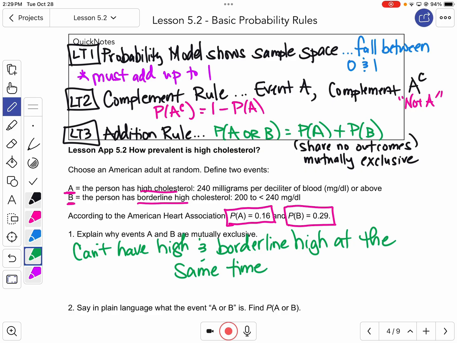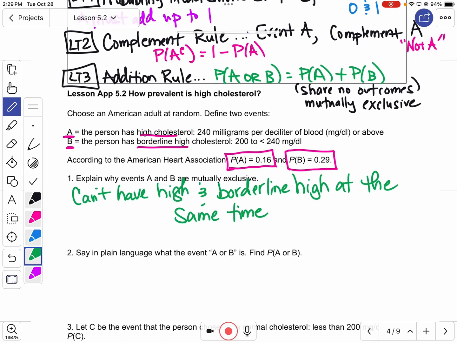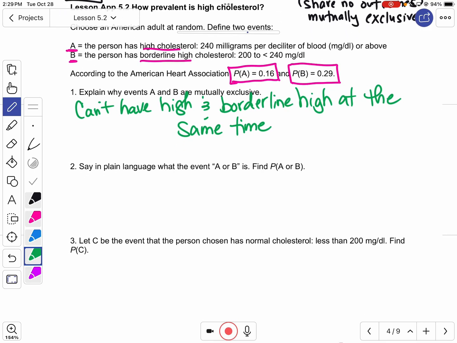Right. All right, so they are indeed mutually exclusive.